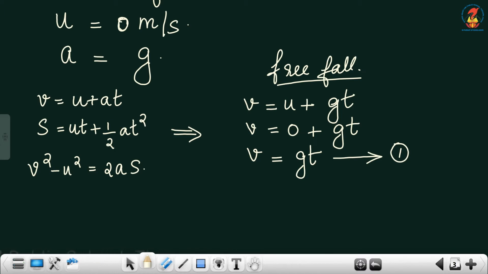Now, the second equation is s = ut + ½at².